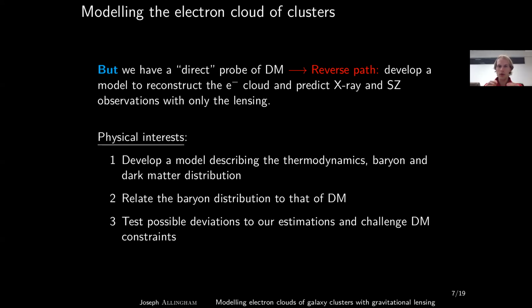Physically, we want to develop a model that is very explanatory of galaxy clusters with the thermodynamics, the baryons, and the dark matter distribution. We also want to connect all of that, and as we do have, well, simplify, I said the dark matter, but the full matter density, we can relate the baryon distribution to that of dark matter instead of doing the contrary.